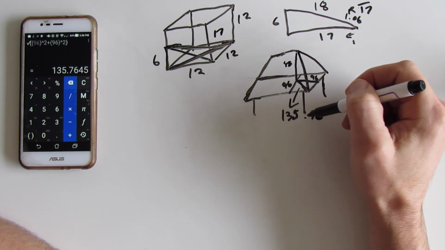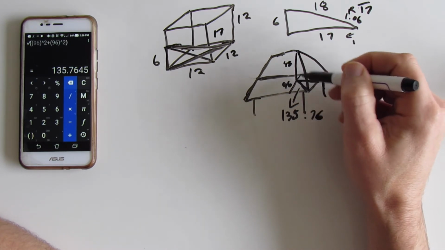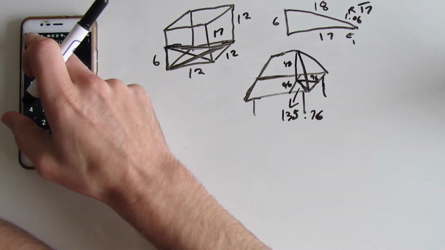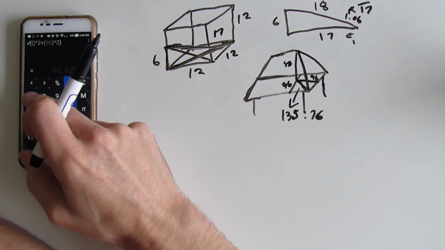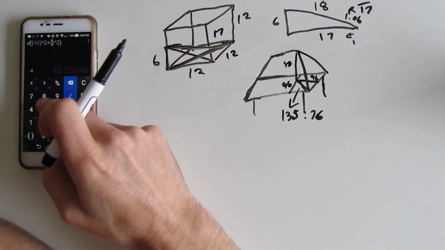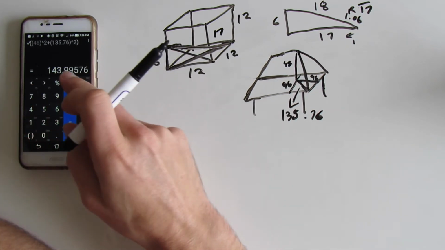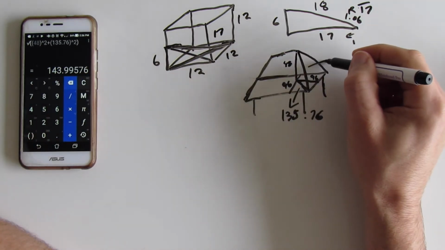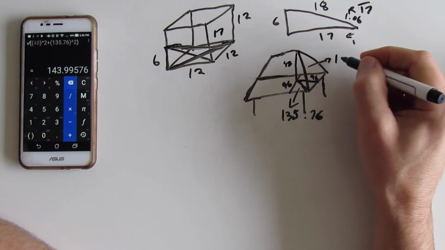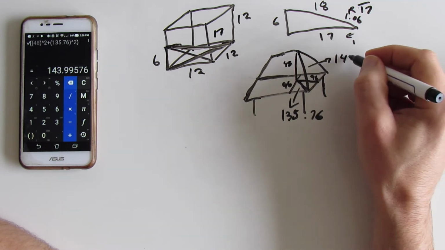So we could figure out what that would be if that becomes the new bottom of our triangle, and put this up on the back side: 48 and 135.76. The length of this hip here is going to be 143 plus, well, it's going to be 144.